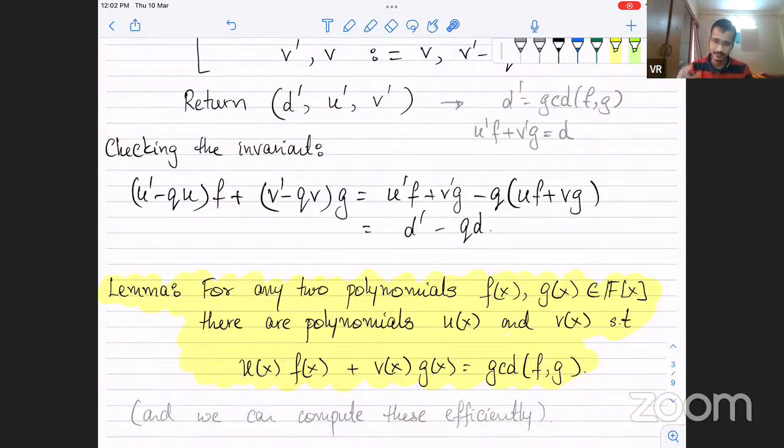Let's say some person just told you, I'm claiming that f and g have GCD 1, and here are the u and v that act as proof. Then you can take this sum and you'll get 1, and it's easy to see that this is enough. And I was thinking that's not true if the GCD is not 1, because maybe what they have given you, when you take this sum of products, is something which they say is the GCD, but maybe the actual GCD divides this thing.